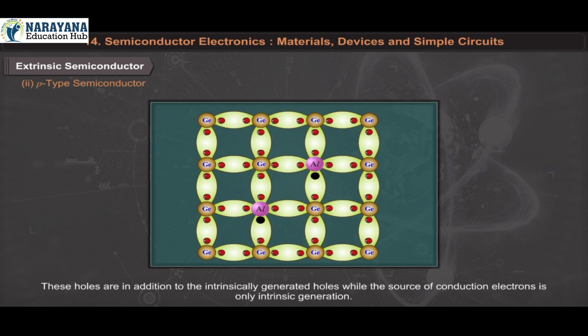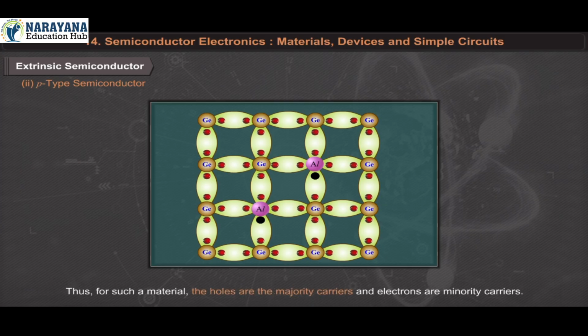These holes are in addition to the intrinsically generated holes, while the source of conduction electrons is only intrinsic generation. Thus, for such a material, the holes are the majority carriers and electrons are minority carriers. Therefore, extrinsic semiconductors doped with trivalent impurity are called p-type semiconductors.